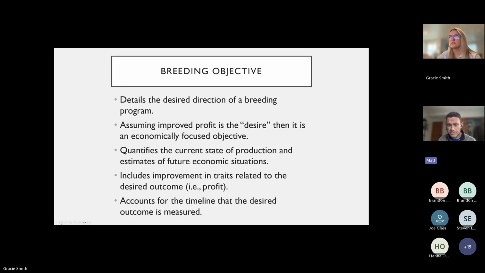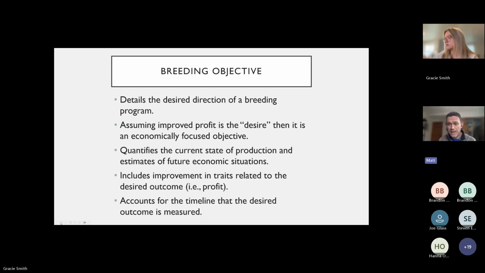Future economic situations can be a challenge, and oftentimes averages of the past become a really good prediction of the future. So going through that, it should really elucidate the traits that are related to profit. So what are the things that are really profit drivers? And then lastly, accounts for the timeline that you want to consider improving profit.